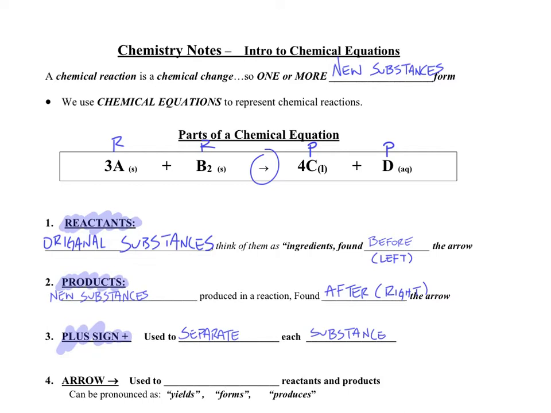Another part of this equation that's really important is the arrow. The arrow separates the reactants from the products.